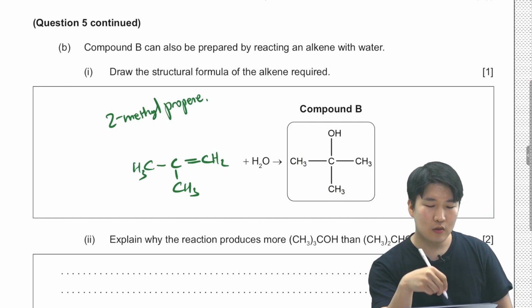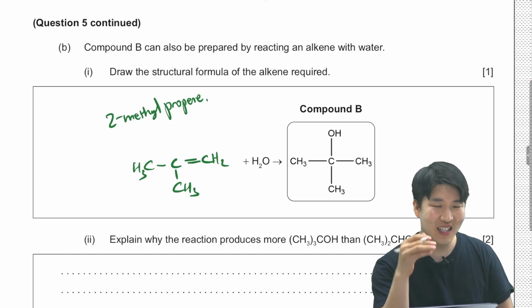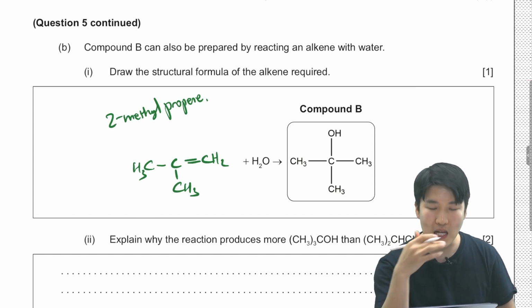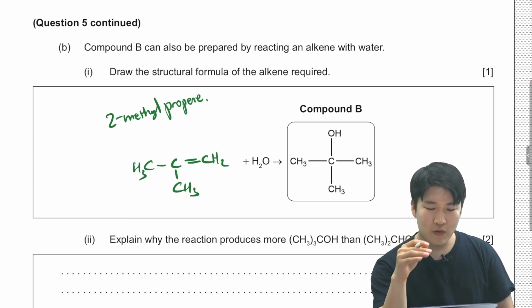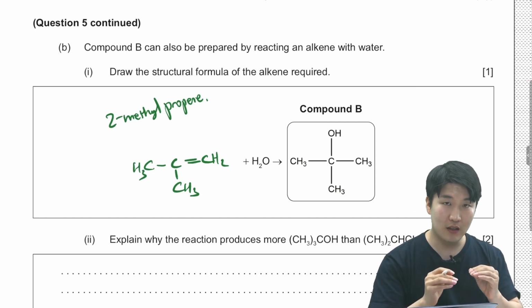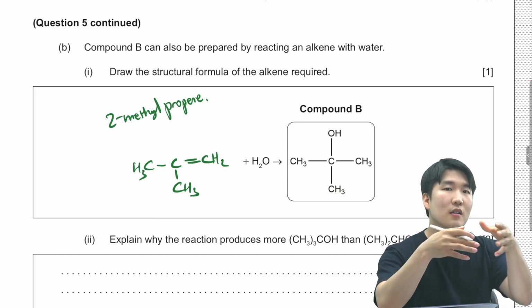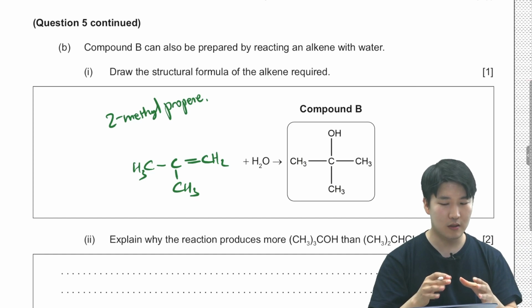Water added to this 2-methylpropene will undergo electrophilic addition to produce our alcohol. Obviously, addition of a non-symmetrical electrophile, water, into a non-symmetrical alkene will result in the presence of major product as well as the minor product.